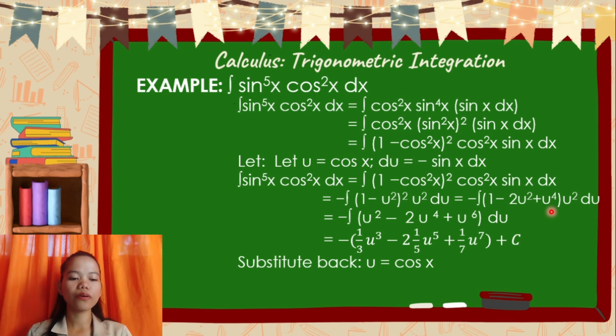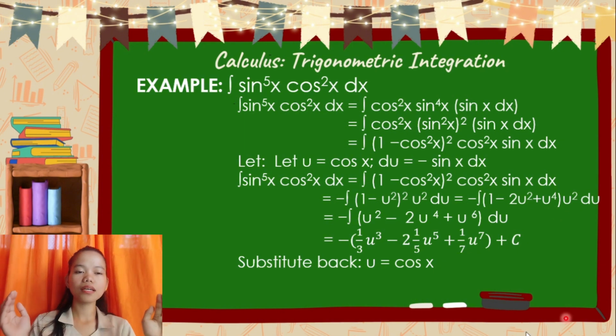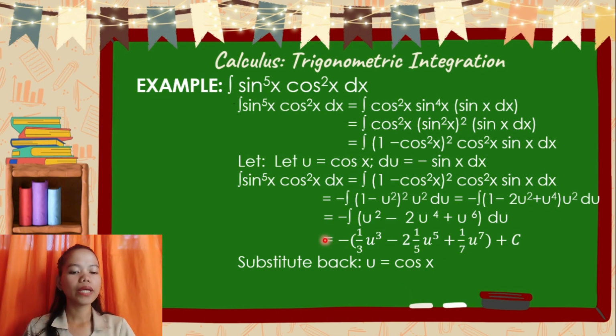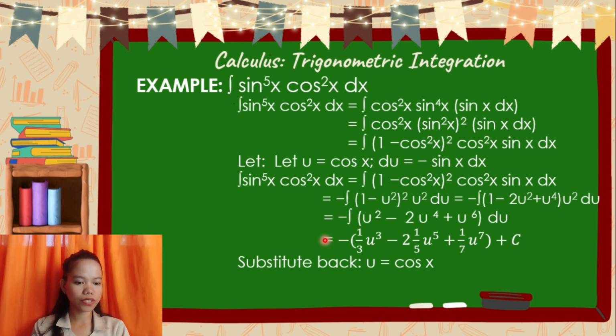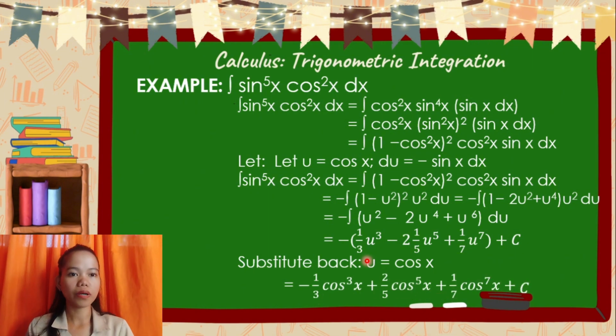So what we have now is negative. We also have to distribute the negative sign that is outside of our grouping symbol. Now we have negative 1/3 cosine cubed of x plus 2/5 cosine raised to the power of 5 x plus 1/7 cosine raised to the power of 7 x plus c.